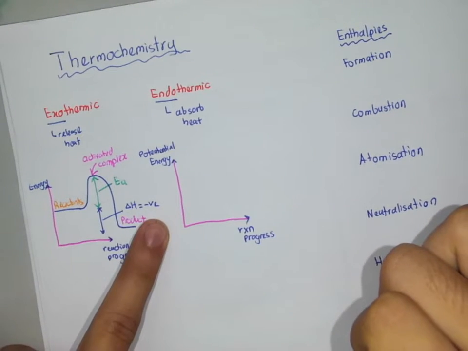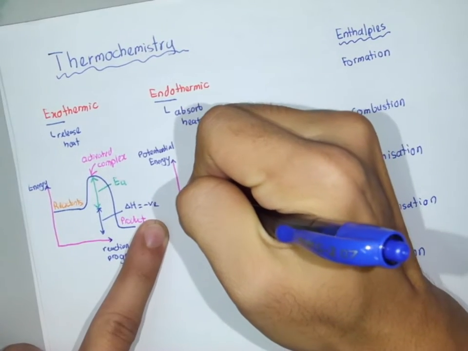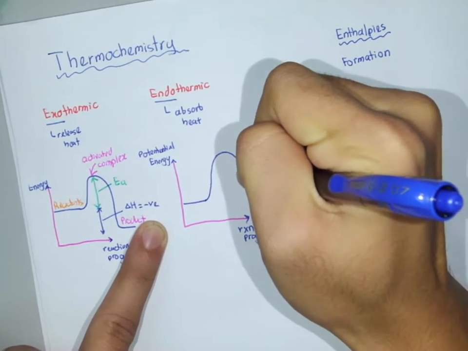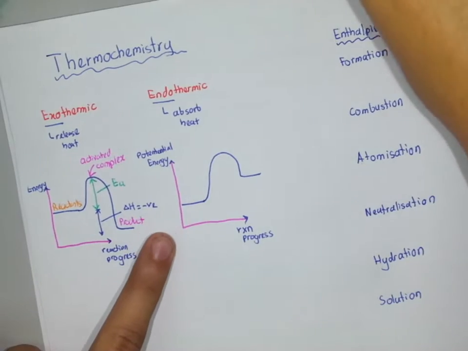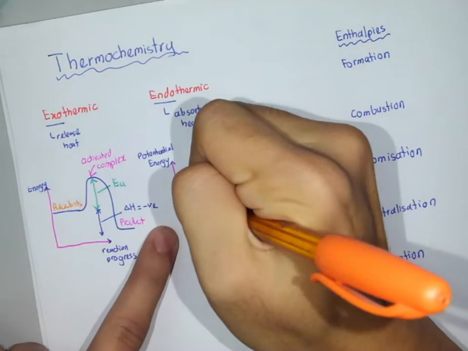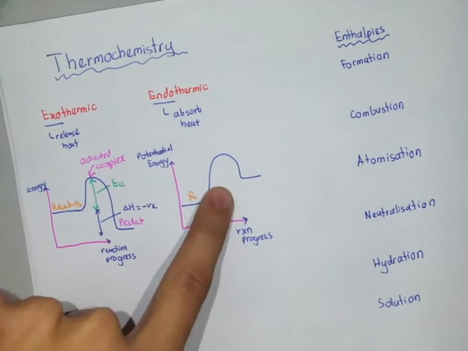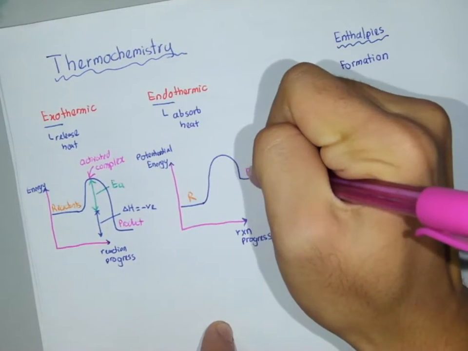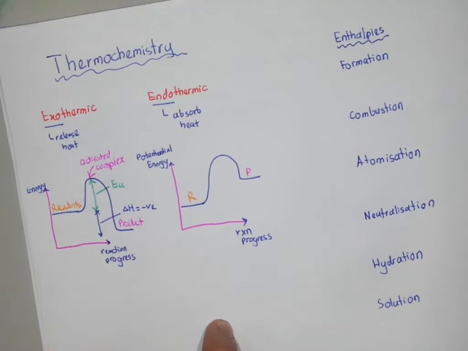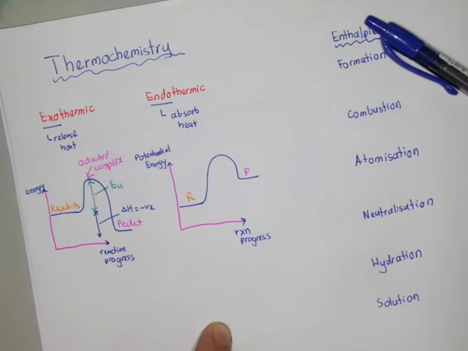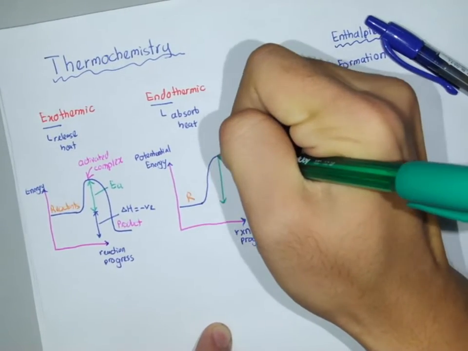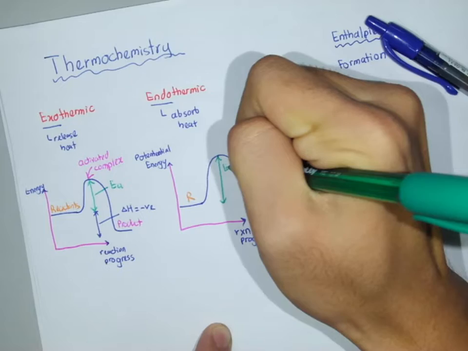Same thing that we will draw for endothermic, but now the graph will look a bit different lah, where I put a short form of reactant as R, and the product is higher than the reactant. So this is you punya EA, activation energy.